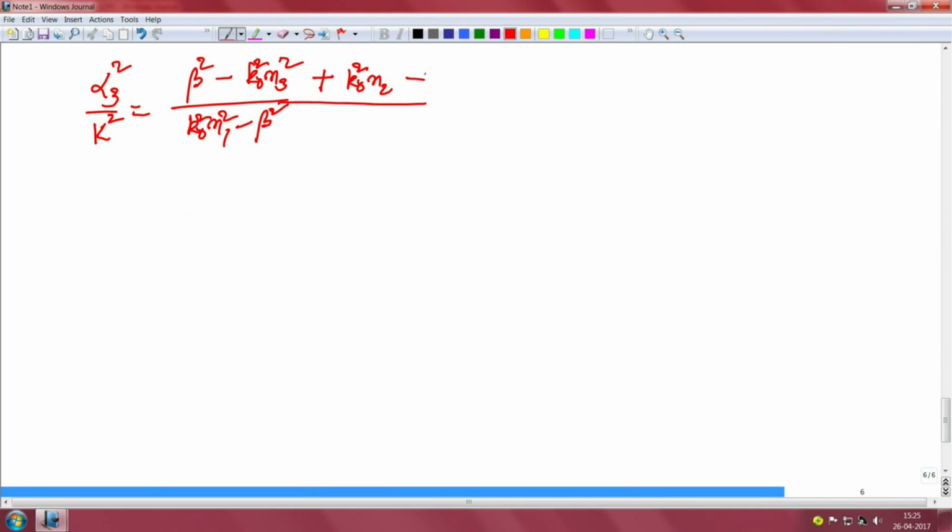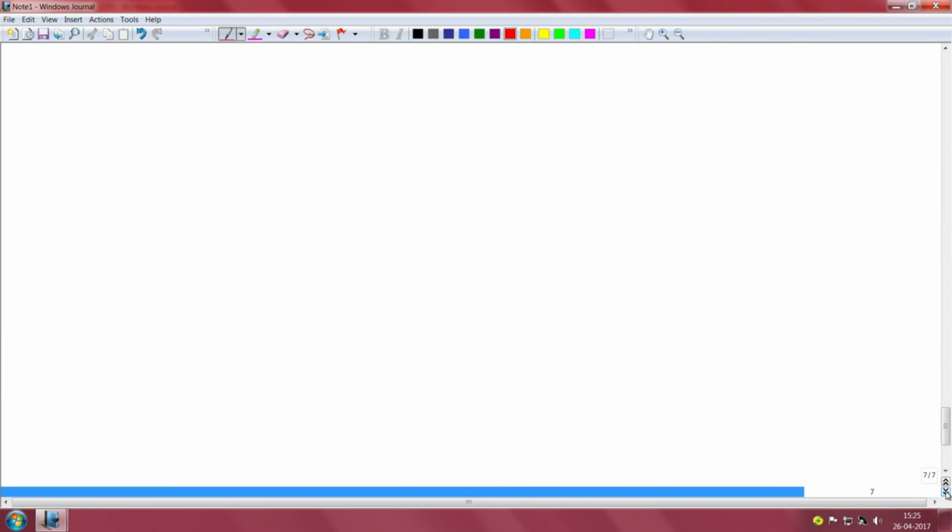Here we have k0 n1 square, and so we can add and subtract like what we did for the previous case.